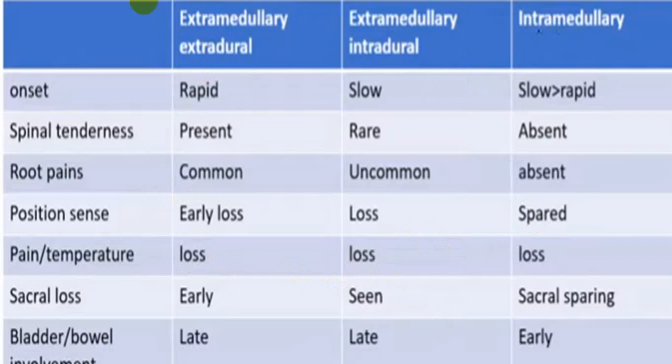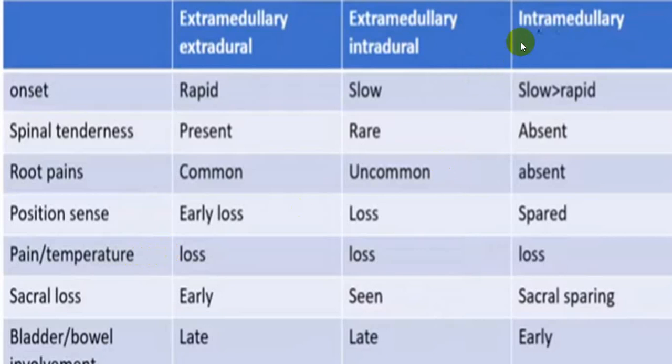But in extradural and intradural, which are extramedullary, pain and temperature involvement will always first affect the sacral fibers, and last involve the chest and upper limb.